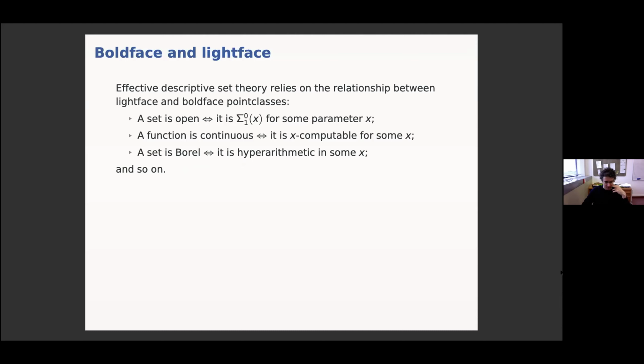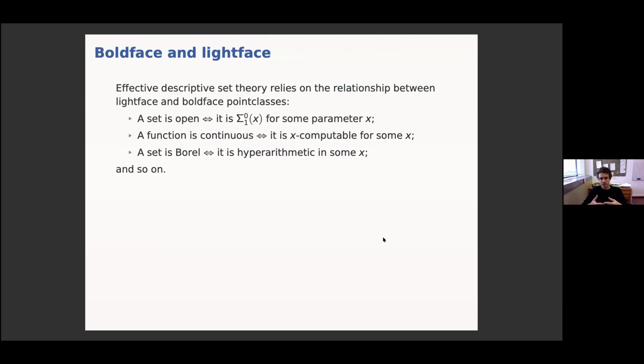This goes back to the 50s at least, where Addison and Mostowski looked at the relationship between what has become known as boldface and lightface classes. So lightface means effective, and boldface means relativized to all oracles, essentially. So these are equivalences that were definitely noted by Addison.